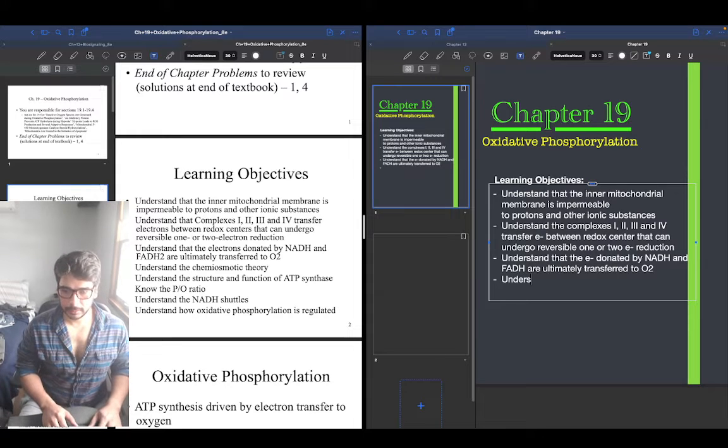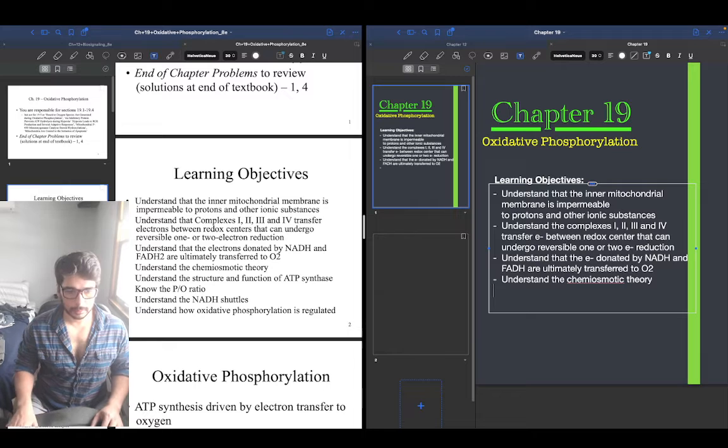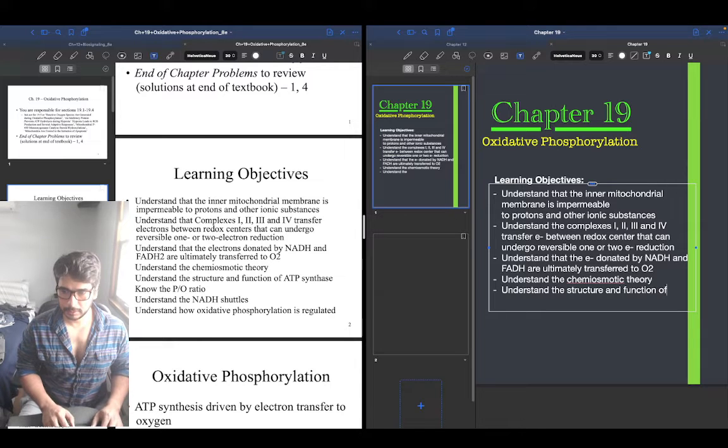Understand the chemiosmotic theory. Understand the structure and function of ATP synthase.